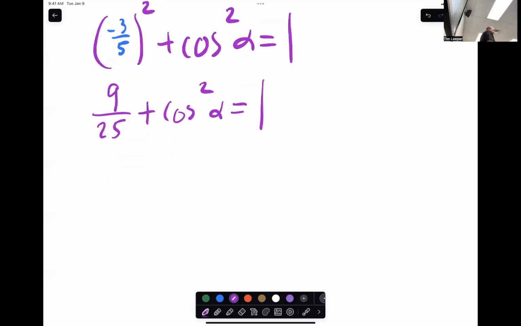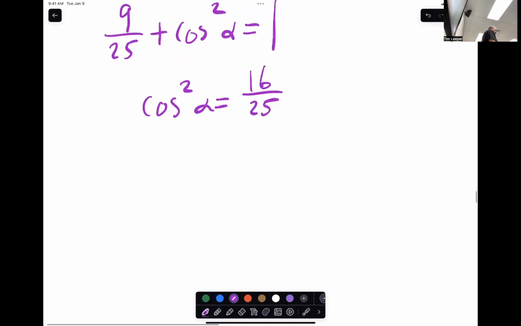Well, we need to subtract the 9/25, so that means that cosine squared alpha is equal to 1 minus 9/25. What's 25 minus 9? Good, 16. And keep the denominator the same. So this is going to be 16/25. And then use the square root property, of course, which means that cosine alpha is equal to plus or minus the square root of that right-hand side. Now notice that square root of 16 is just 4.